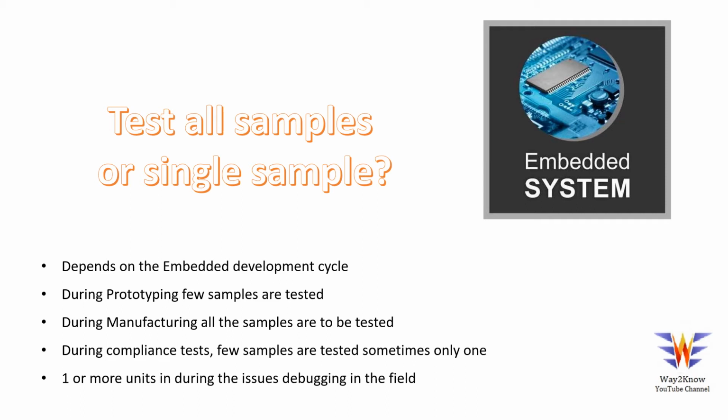During the prototyping phase, when we prototype the boards, let us assume we prototyped some 6 boards. As a test engineer, we do test all the boards, but sometimes during intensive debugging, or if any problem arises, we concentrate on some of the boards, and a few boards are not tested, which is valid.